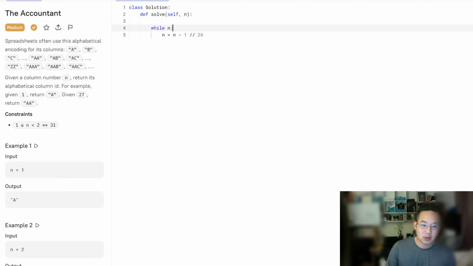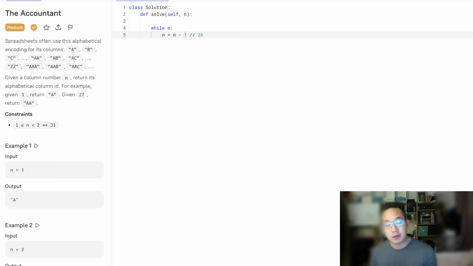The reason why we need to do n minus 1 is because this needs to be within bound of 26. Because it's 1 through 26, it is going to be our item, and this isn't our item.